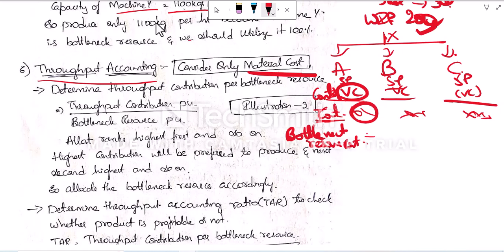What is that? See, machine X is required to produce products A, B and C. For A, we need 1.5 hours of X. For B, we need 2 hours. For C, we need only 1 hour. Okay, this is the bottleneck resource per unit.